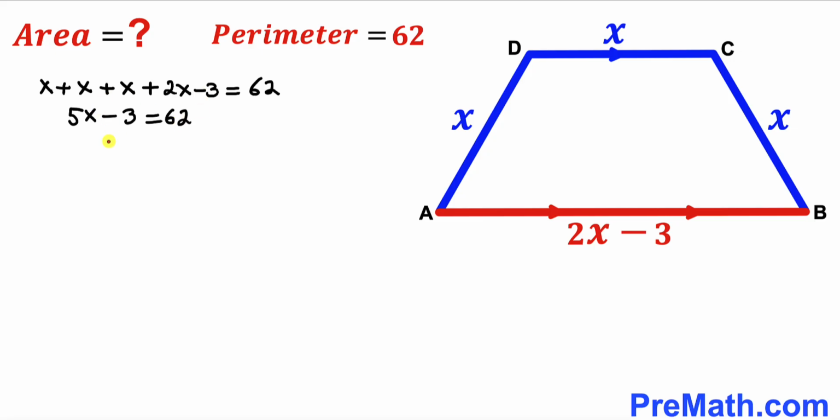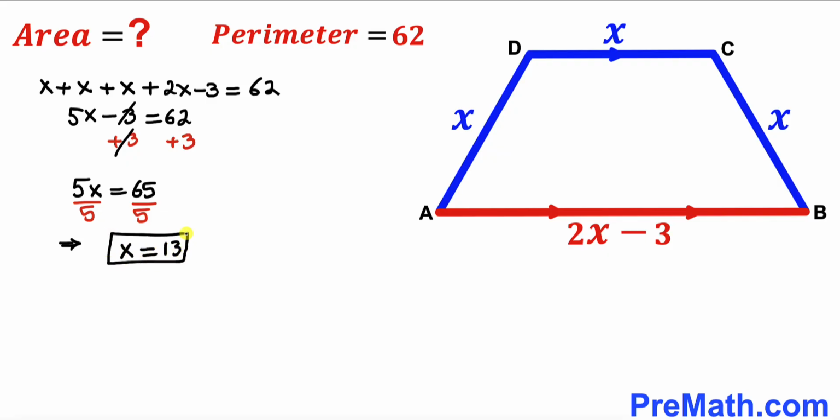Now I'm going to add 3 on both sides. Negative 3 and positive 3 is gone, so 5x turns out to be equal to 65. Now I'm going to divide both sides by 5, so our x value turns out to be equal to 13 units.